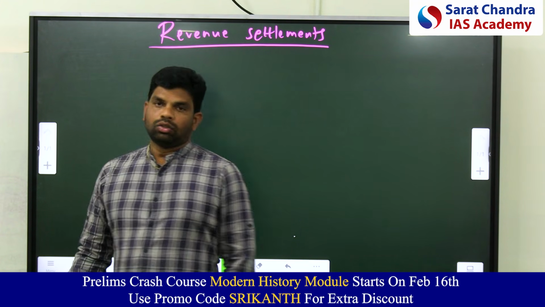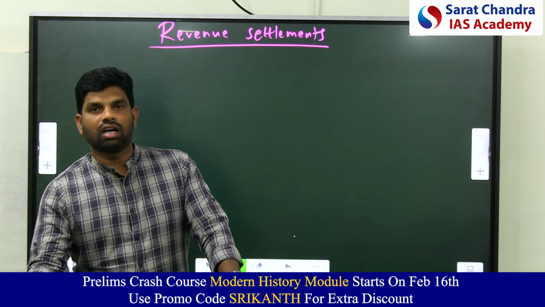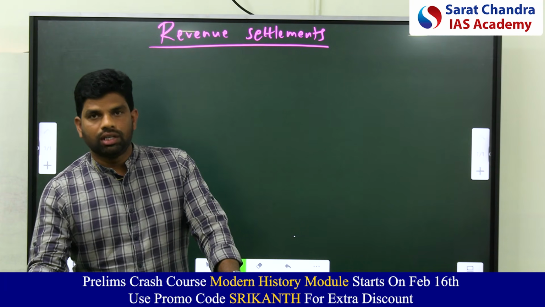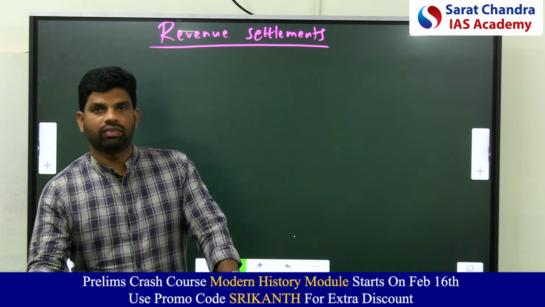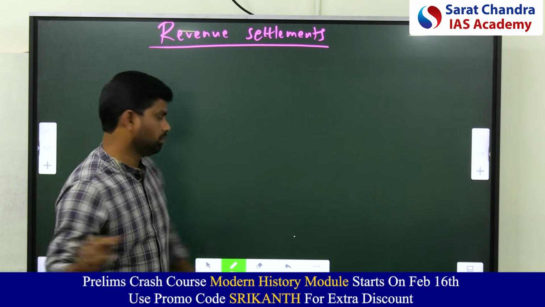The British implemented different revenue settlements in India, which were not uniform throughout India. According to their needs, they implemented different types of revenue settlements, which are majorly classified into three types.